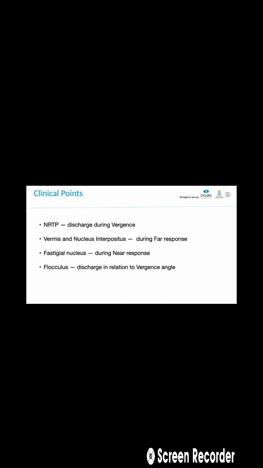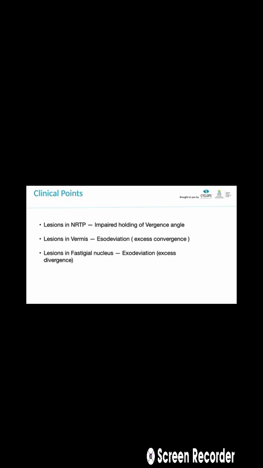So the lesions of the vermis can cause esodeviation, that is excessive convergence. Why? Because if there is a lesion in the vermis, the Purkinje cells' inhibitory influence on the fastigial nucleus will be gone.